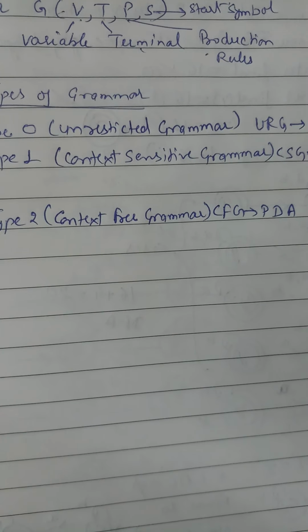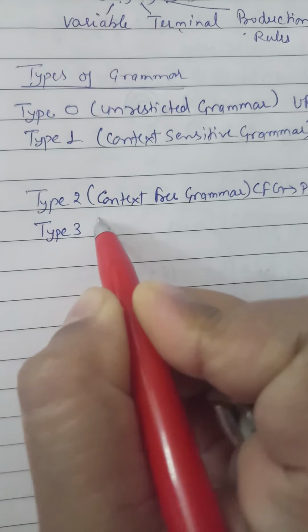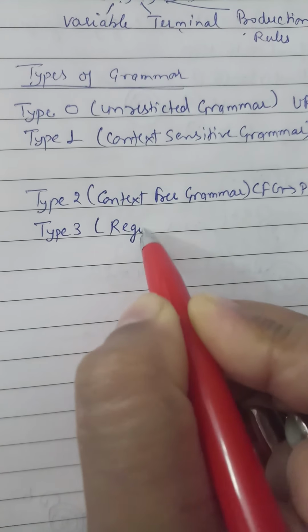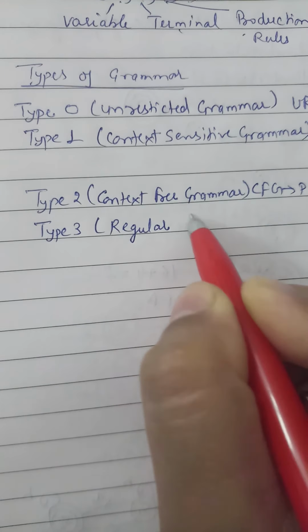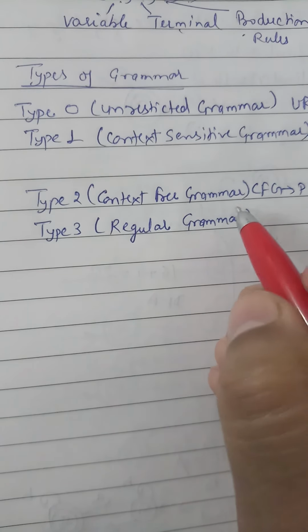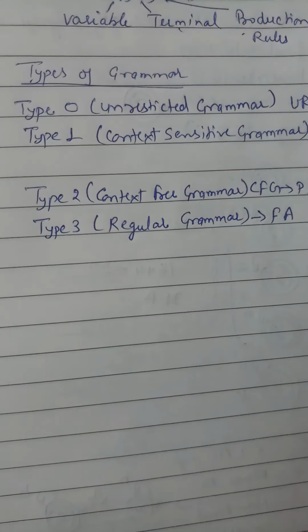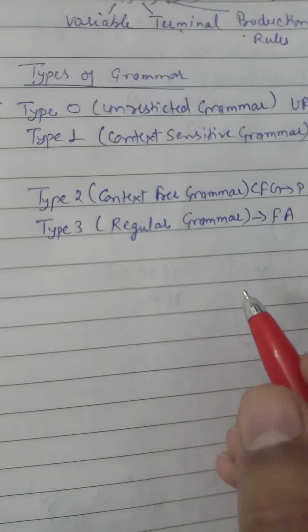Type 2 context free grammar, CFG, in which PDA comes. And type 3, regular grammar, in which finite automata come.